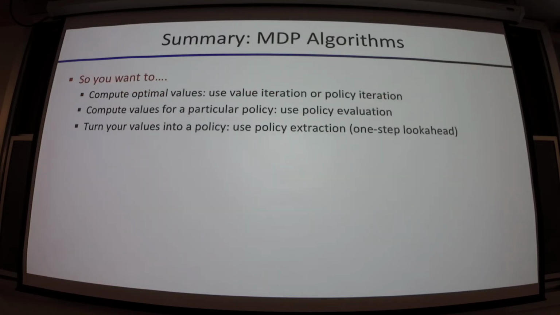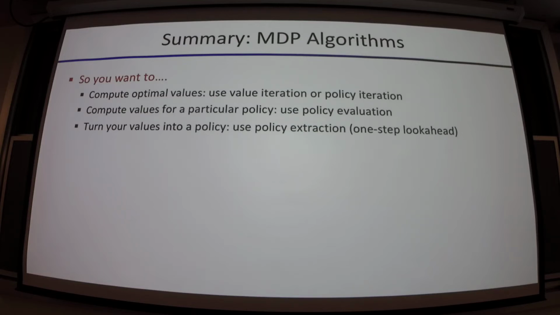Okay, so in summary, what we want to do for MDPs is compute optimal values. From those, we can derive optimal policies. So we use value iteration or policy iteration to compute these optimal values, and then we can compute values for a particular policy.